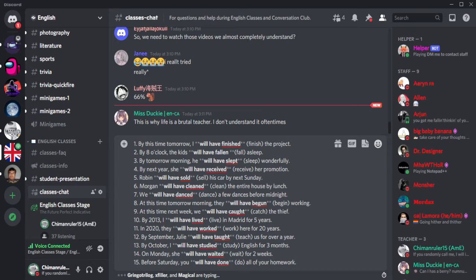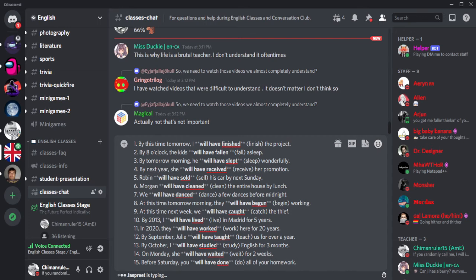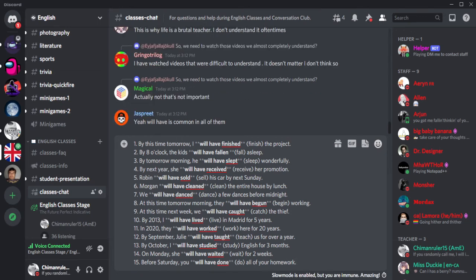It's a really simple exercise, really. You just do the form. You put the future perfect form of the verb in the blanks. Oh, and don't use contractions, although you wouldn't really be able to because you're not typing the subject of the sentence.